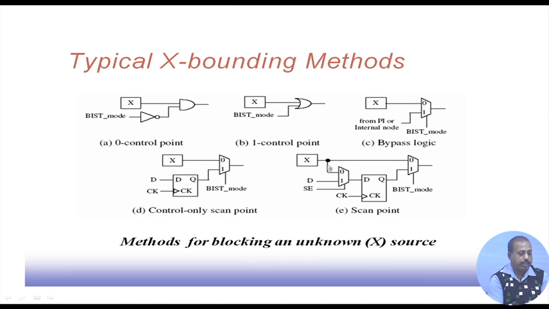As a result, this x bit, whatever be the unknown value, will come to the flip flop. If it is required that the line x should be buffered, in this case it is getting buffered in the normal operation. So, scan enable is 0, so it is coming to this flip flop, and this BIST mode is also 0. So, the x input is coming to the output, whereas for normal scan operation, it is getting buffered through this. That way we can insert one scan point.